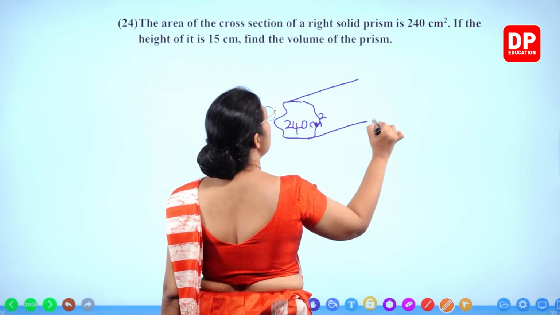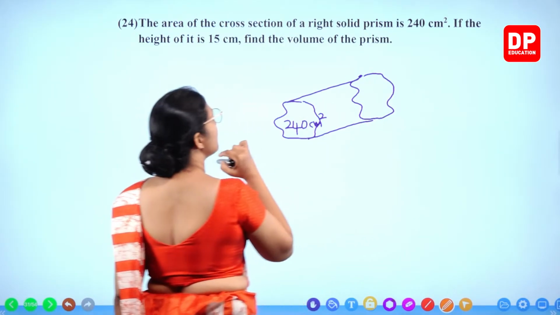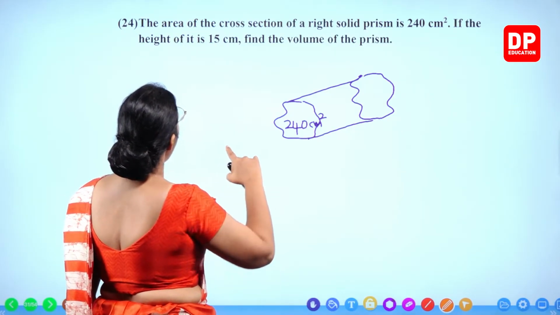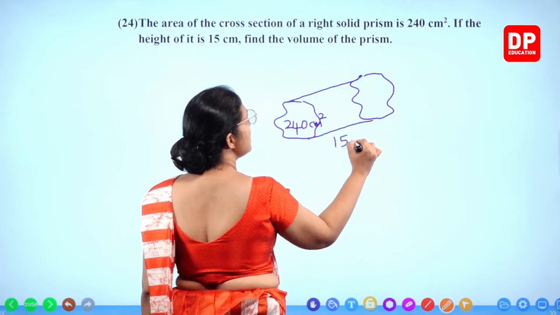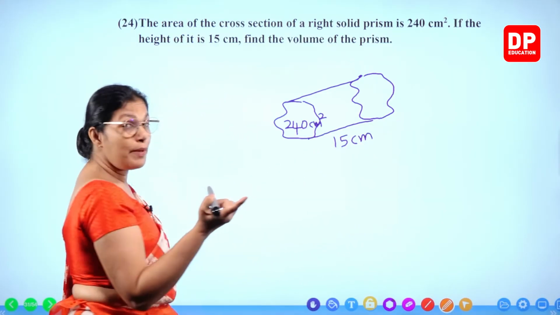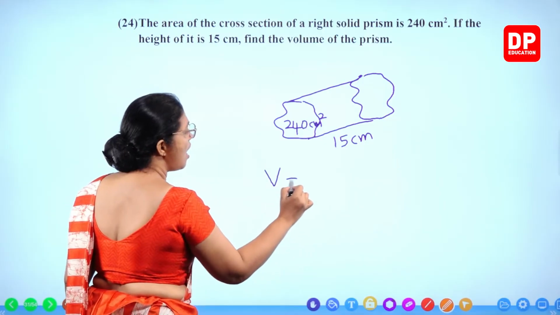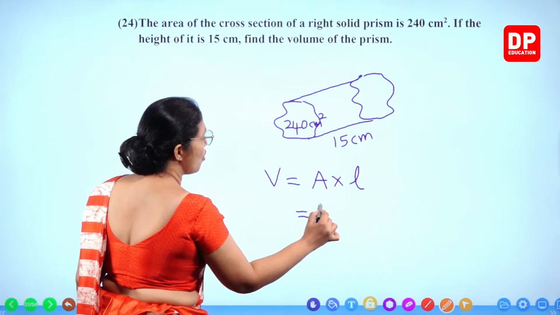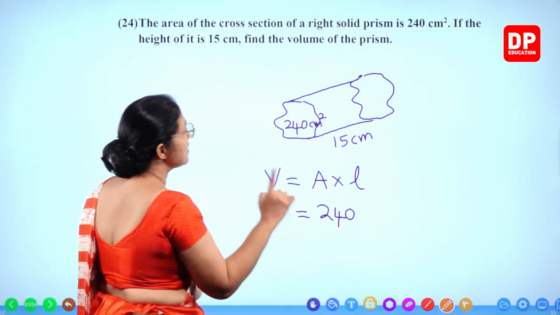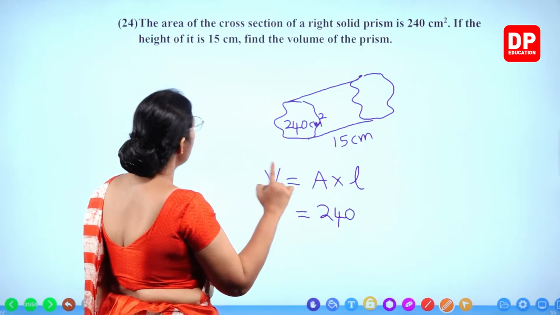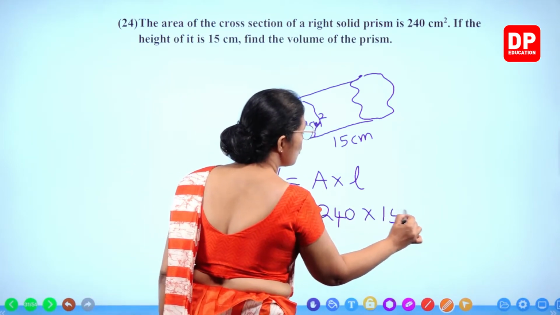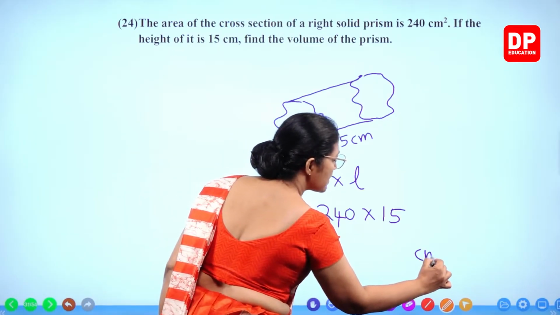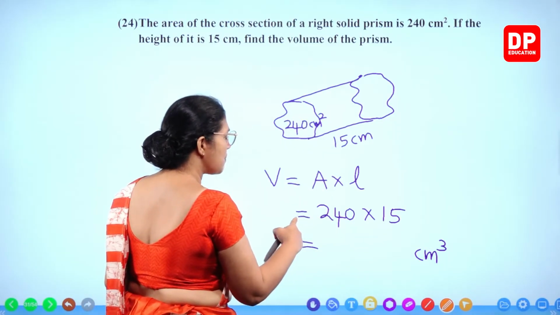A prism means you get the same cross-section, and the height is 15 centimeters. So volume is cross-sectional area into height or length. Cross-section is 240 in square centimeters, and height is in centimeters, so when you multiply, you get the volume in cubic centimeters. So let's multiply.